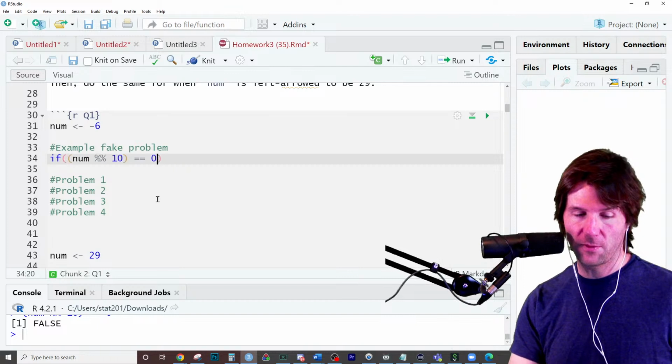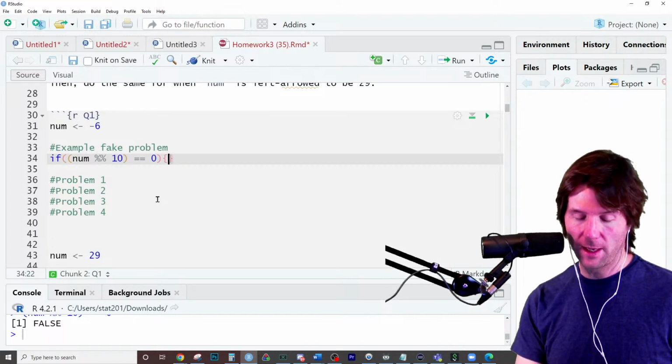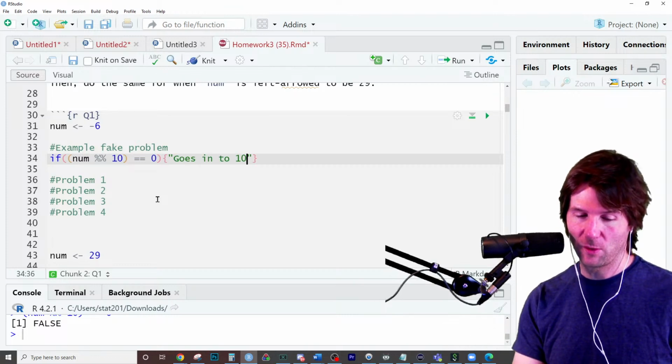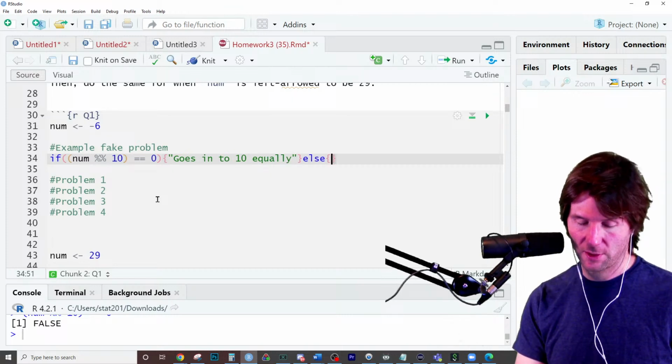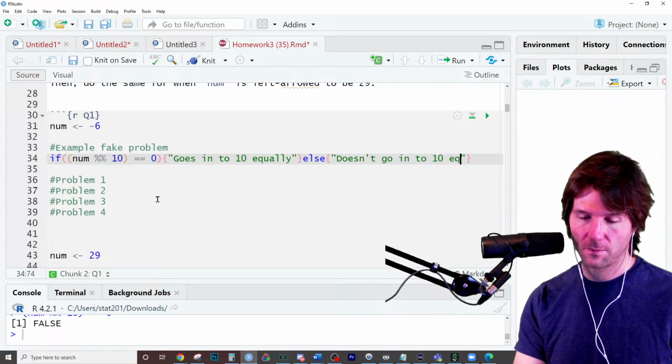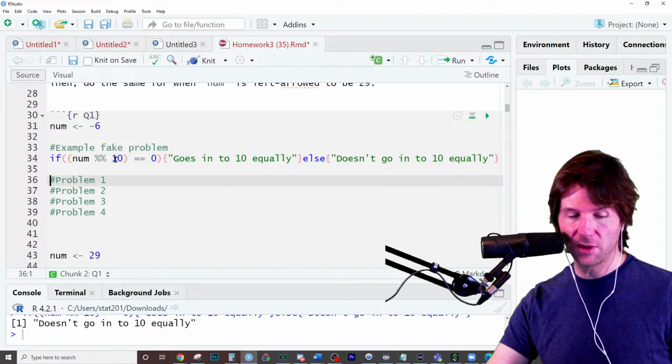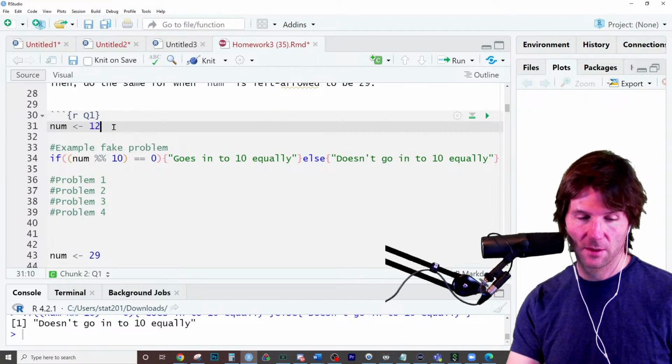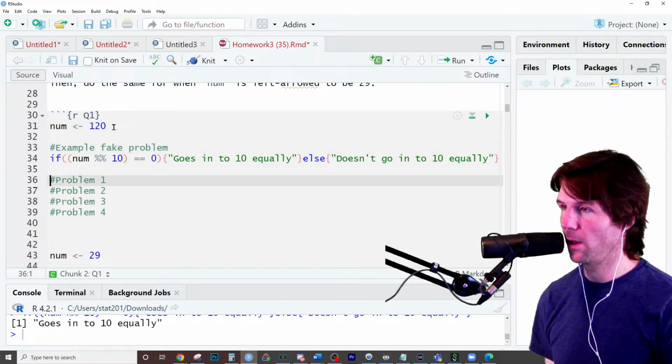And so I could go, if this is true, then we would say here, divisible, or goes into 10 equally, or else doesn't go into 10. And you can see right here, if I change what num is, it works.